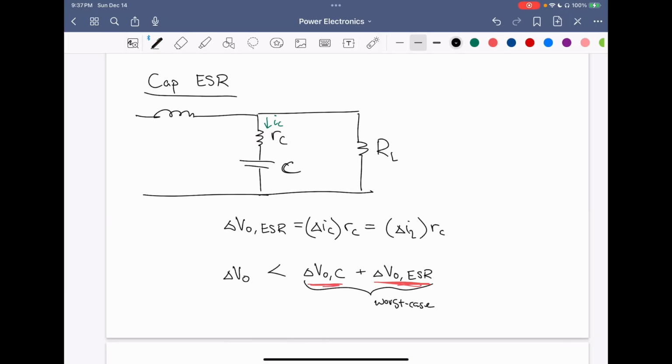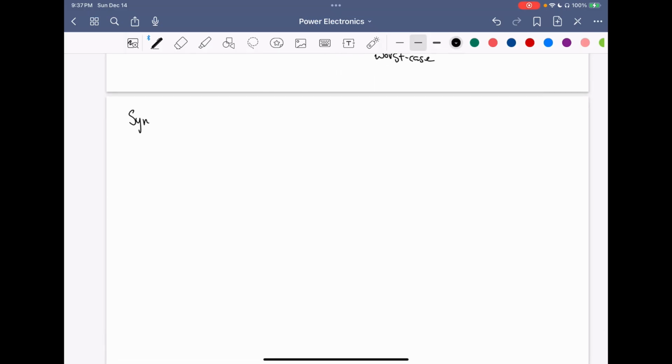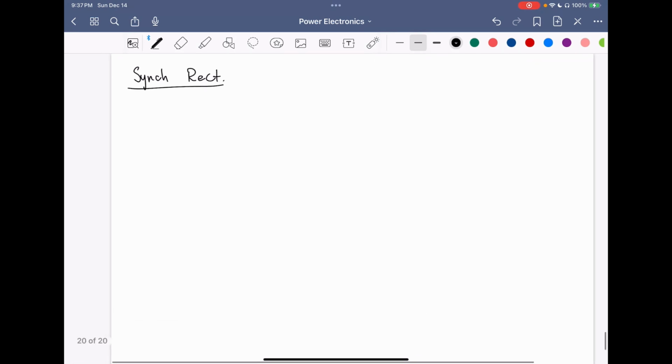So another design consideration for the buck converter is synchronous rectification. Synchronous rectification is when we use another MOSFET instead of the diode for that low side switch. So the circuit would look like this. So we still have that MOSFET as our high side switch, but instead of the diode for our low side switch here, we use another MOSFET.